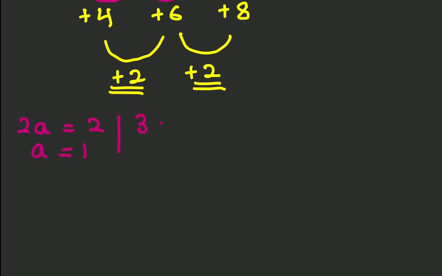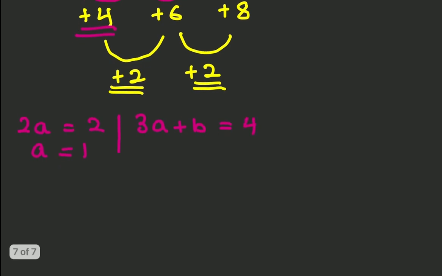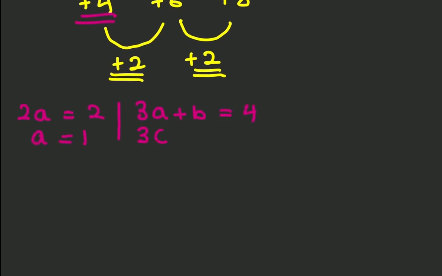Now on the formula, 3a plus b is equal to the first term of the first difference, which is 4. Let's use the values we have here. a is 1, b is unknown, and 4 is the first term of the first difference. So 3 plus b is equal to 4. So b is equal to 4 minus 3, which is 1. Now we have our last unknown variable, which is c.